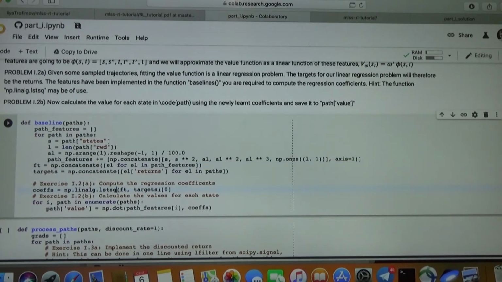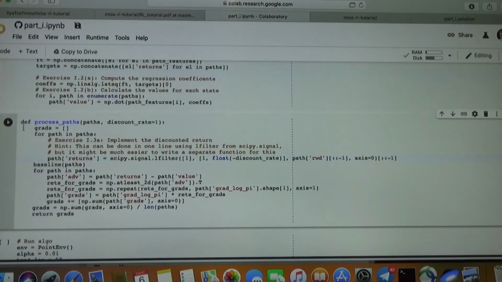Okay, for this problem, we can use the built-in NumPy function called least squares, and the prediction for a linear regression is the inner product, the dot product. Now we have a baseline, which is a value function.